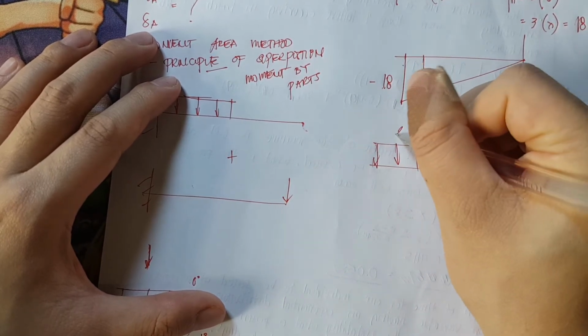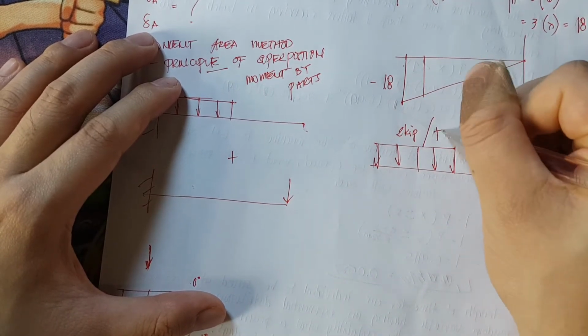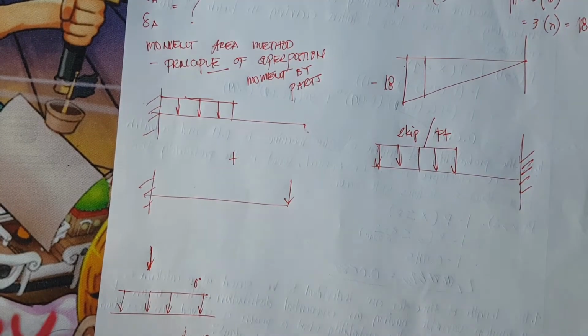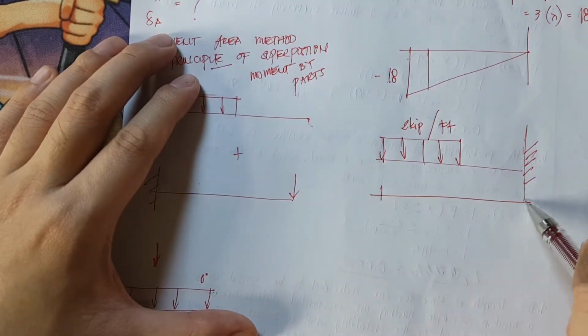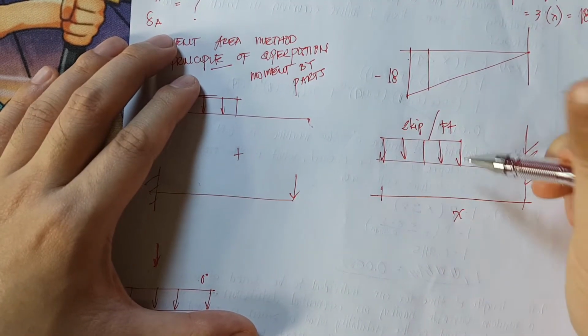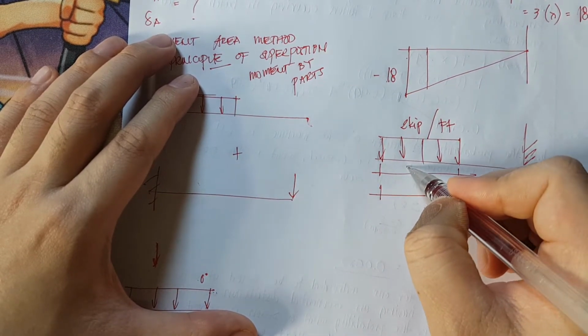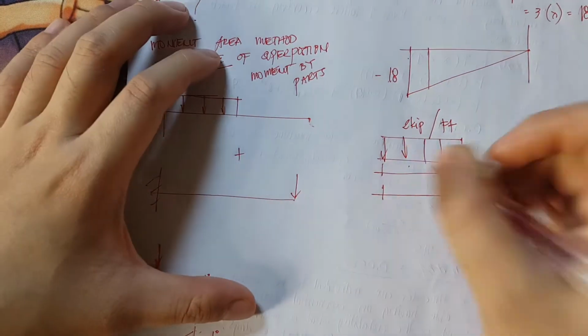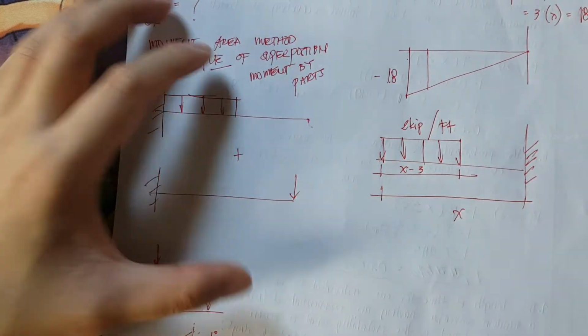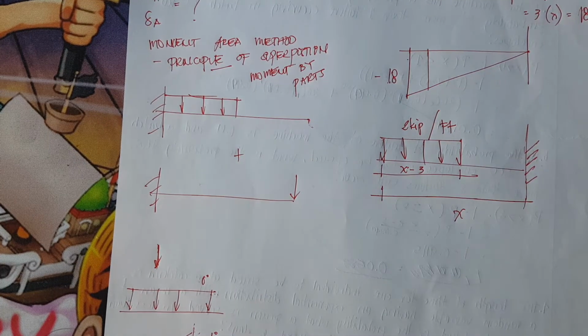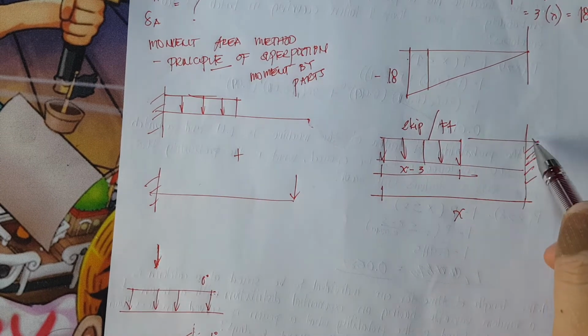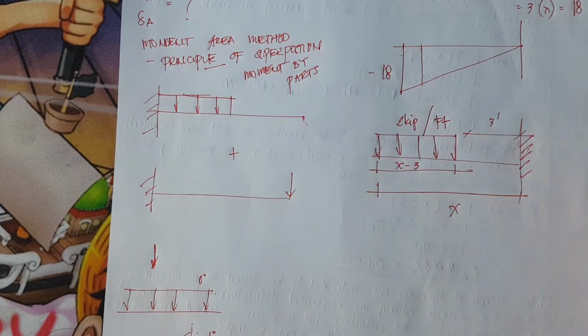And this is 2 kips per feet. Okay? Take note that this distance is x. Therefore, itong distance na to, it would be x minus 3. Kasi this time, alam natin na this is 3 feet.